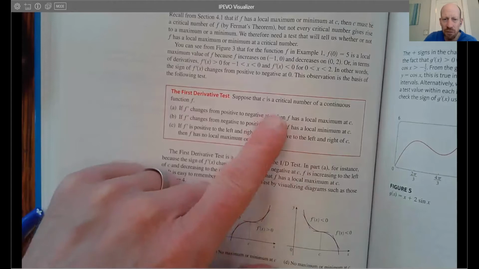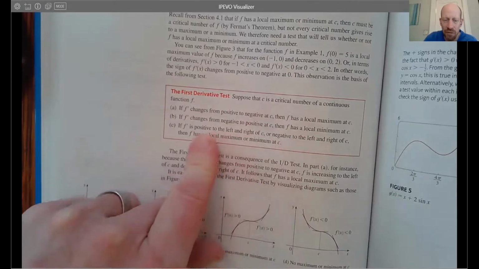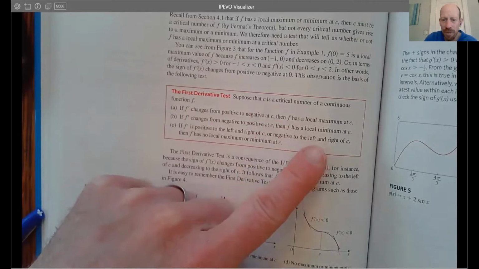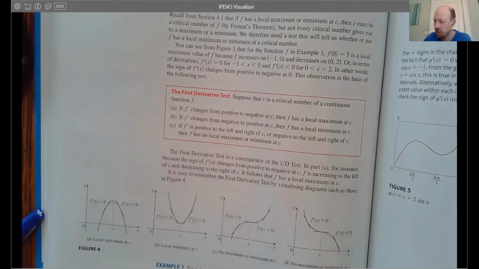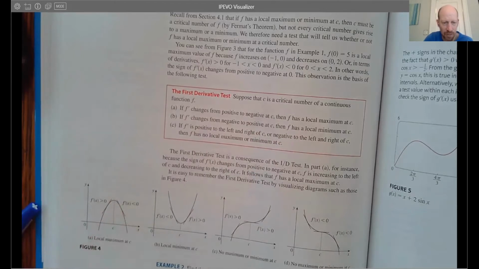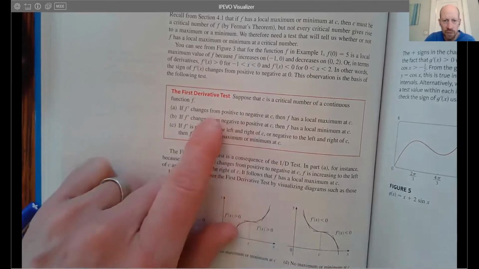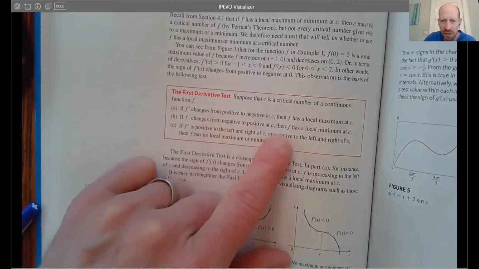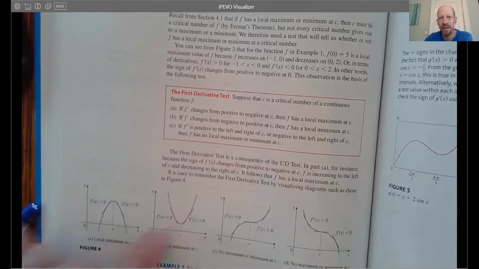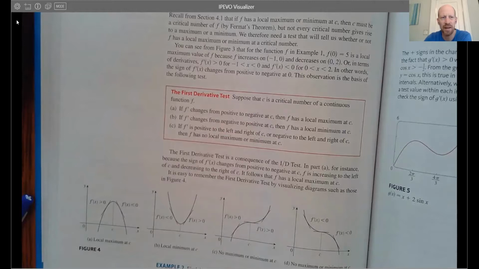So it doesn't work everywhere, but if you have that, if the derivative changes from positive to negative, then f has a local maximum. And that's exactly what we saw. They're showing it here, from positive to negative, but that's what we saw in our little graph too. The derivative changes from negative to positive, then it has a local minimum. Don't memorize this like negatives and positives and things like that.